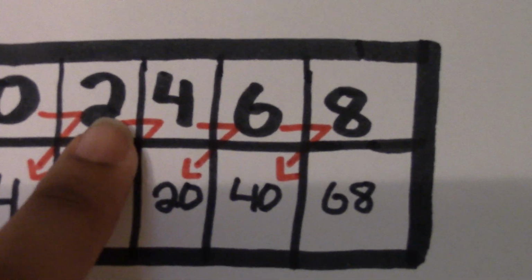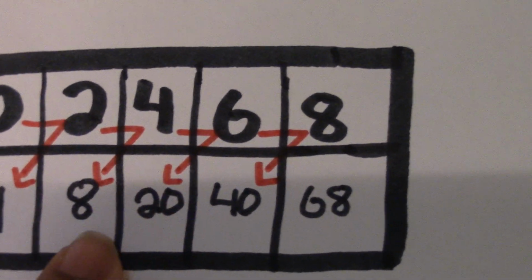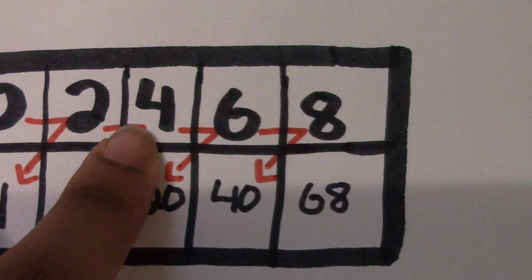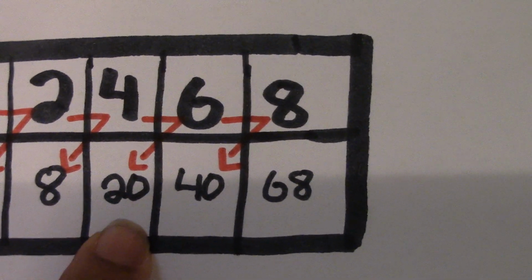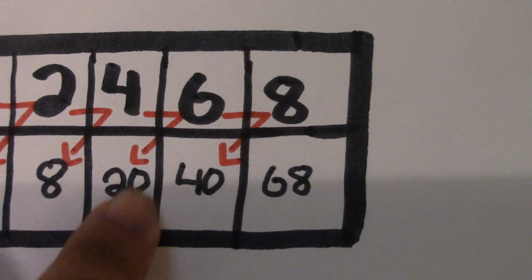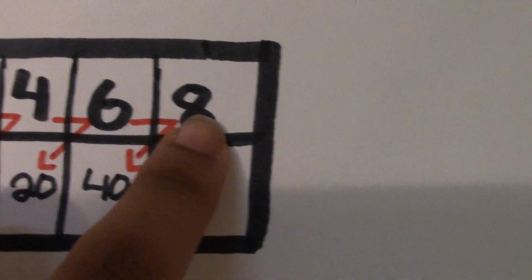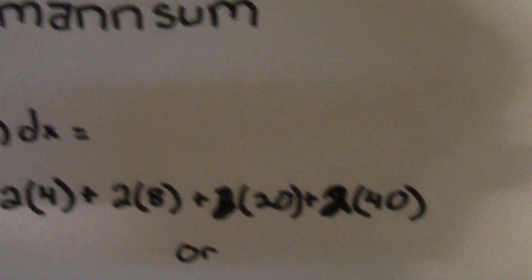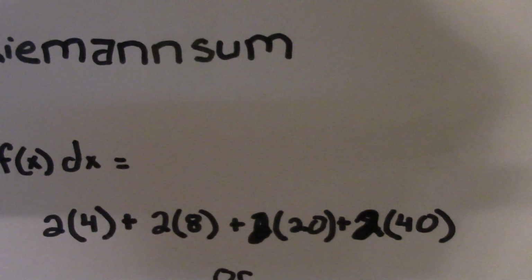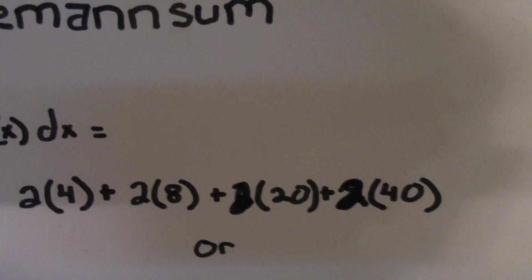And then it's 2 to 4. And then you get 8, so you multiply those. So again, that's 2 times 8. Then between 4 and 6 is 2. Then it goes to 20. So that's 2 times 20, and then 6 to 8, which is also a difference of 2, and then it goes to 40. So you end up having 2 times 4 plus 2 times 8 plus 2 times 20 plus 2 times 40.